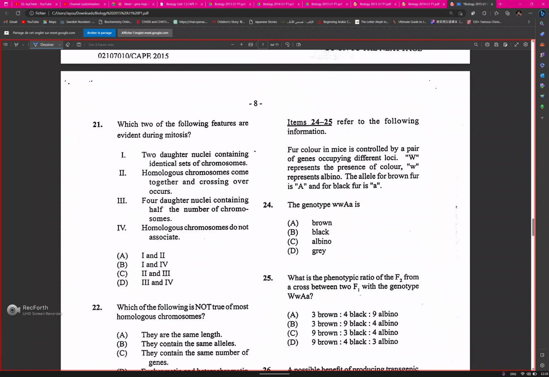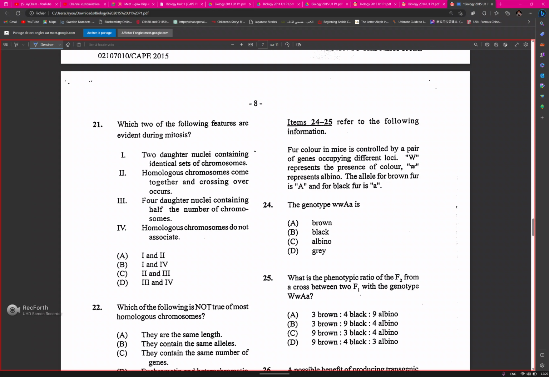Alright, 21. Which of the following features are evident during mitosis? Mitosis. So B. B, okay, so we're saying 1 and 2. Let's look. Two daughter nuclei containing identical sets of chromosomes. Alright, interesting. And we're saying what? 4, homologous chromosomes do not associate.